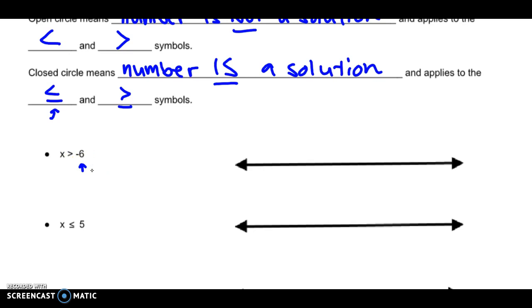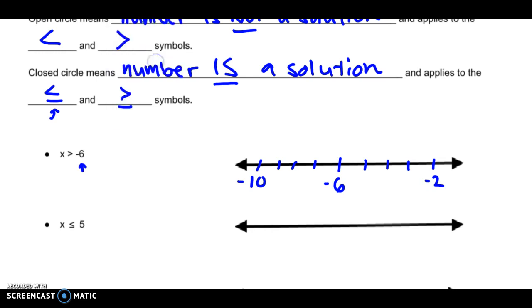And we see that we need to put a -6 on our number line. So I usually like to start my number line with that number, the -6, because I know it needs to be there, and then I just add a couple tick marks on either side of that number, just to give me some context to the solution. But you don't need to label every single number, but definitely start with the number that you're given.